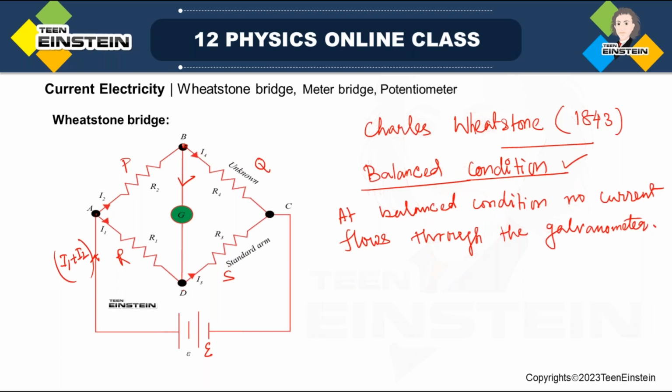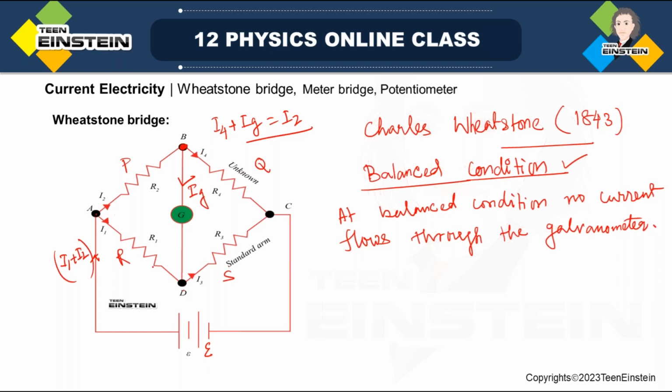At this branch B, at the normal condition of the bridge, there will be two currents flowing. Suppose one is Ig flowing this way. That I2 current will be divided into two parts, one this way, another this way. So I4 plus Ig must be I2. So this is the normal condition.